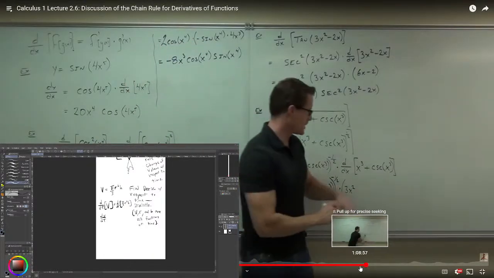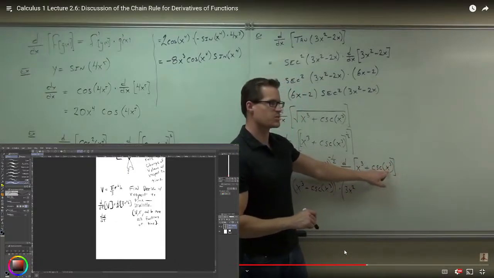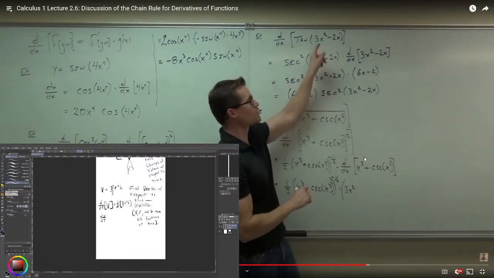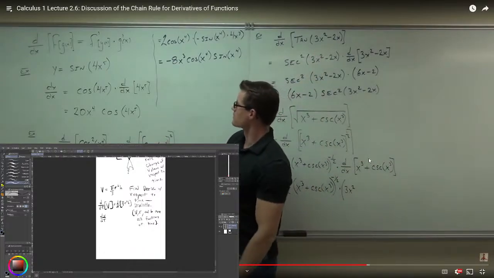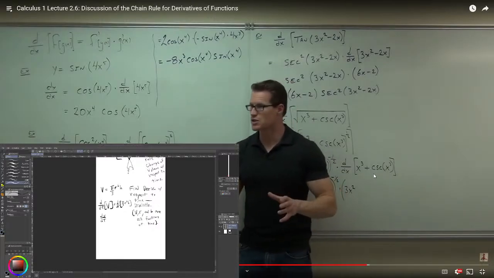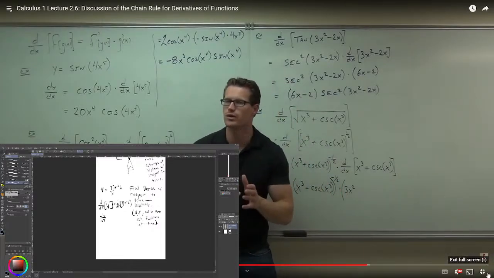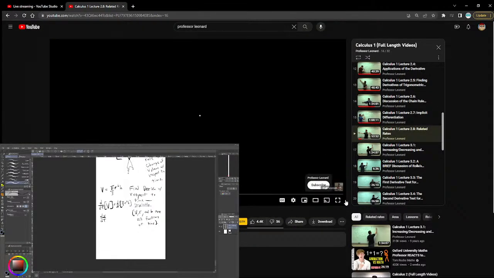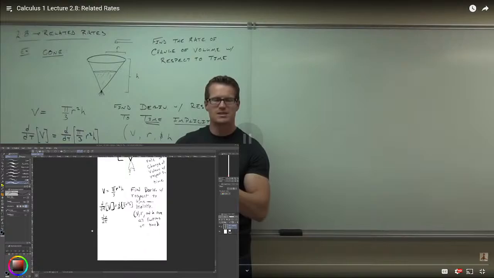The chain rule says that if there's something special in there besides an x, that means a chain rule, because that's a composition, just like this one was. That's a composition. You need a chain rule. Here's what this says.